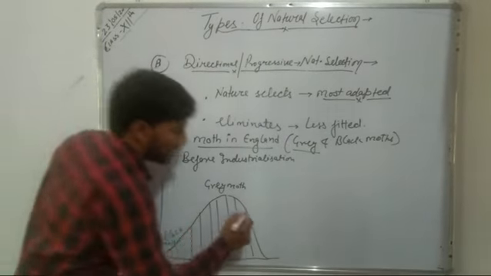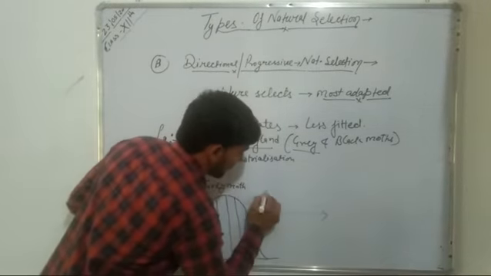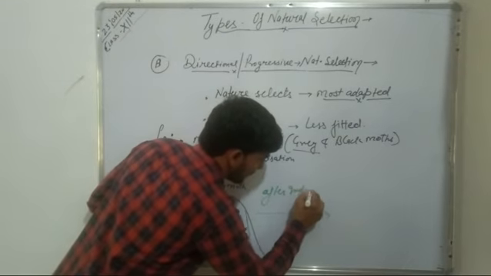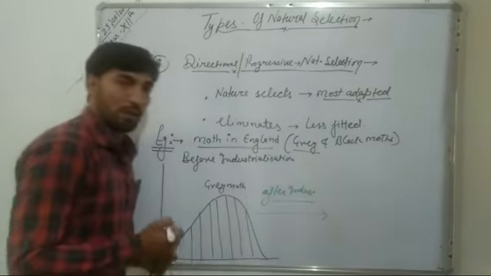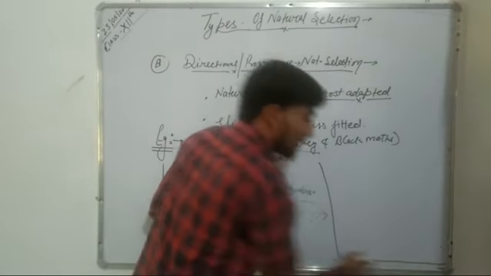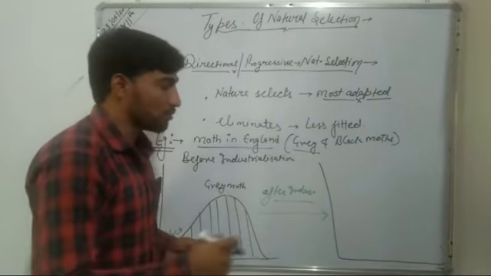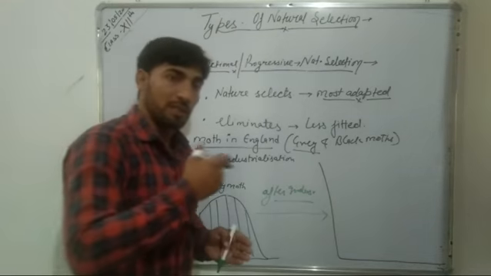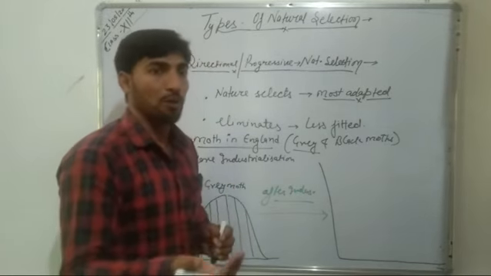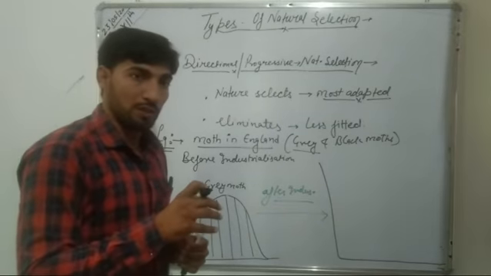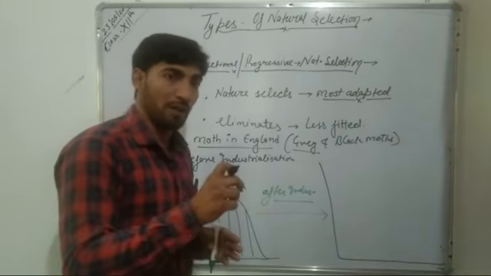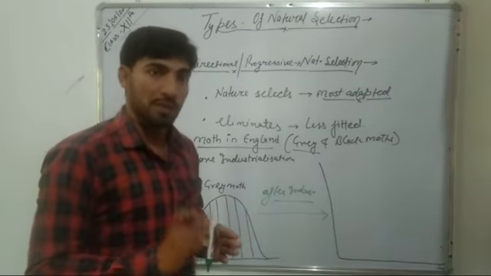But when industrialization occurred after some years, what happened? After industrialization, the conditions got changed. When industries were set up, they released a large amount of smoke or soot, due to which there was pollution in the environment, and in the polluted environment these lichens disappeared.